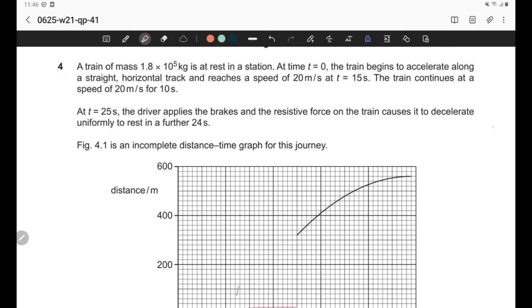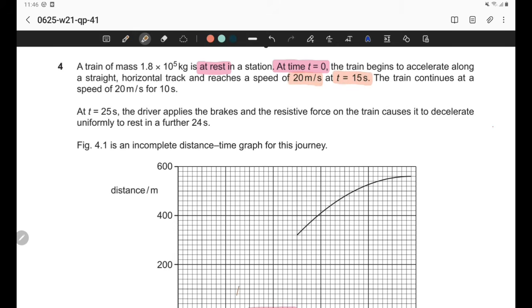Question 4. A train of mass 1.8 × 10^5 kilogram is at rest in a station at time t = 0. The train begins to accelerate along a straight horizontal track and reaches a speed of 20 meters per second at time t = 15 seconds.